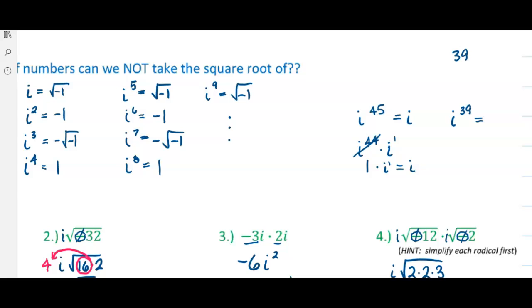Well, if I do 39 divided by 4, that goes in 9 times, 36, I'd have a remainder of 3, which means I'd be basically saying i to the 3rd times i to the 36th. i to the 36th would just be 1, because that would be 4, 8, 12, 16, and so on until I got to 36. That would just be 1. And then i to the 3rd tells me my answer for i to the 39th is just negative radical negative 1.